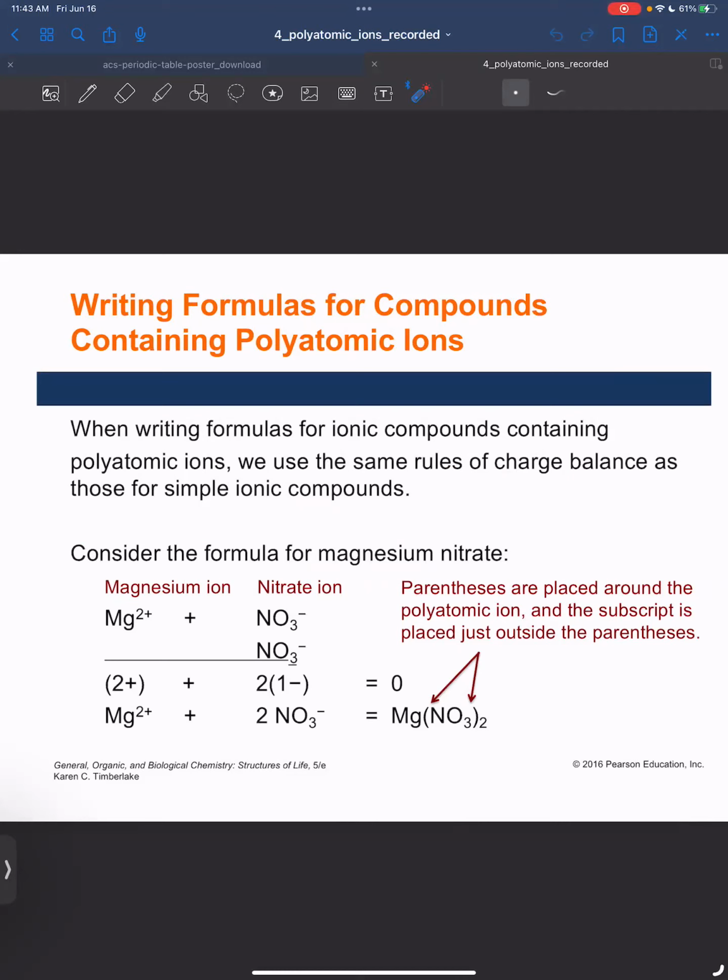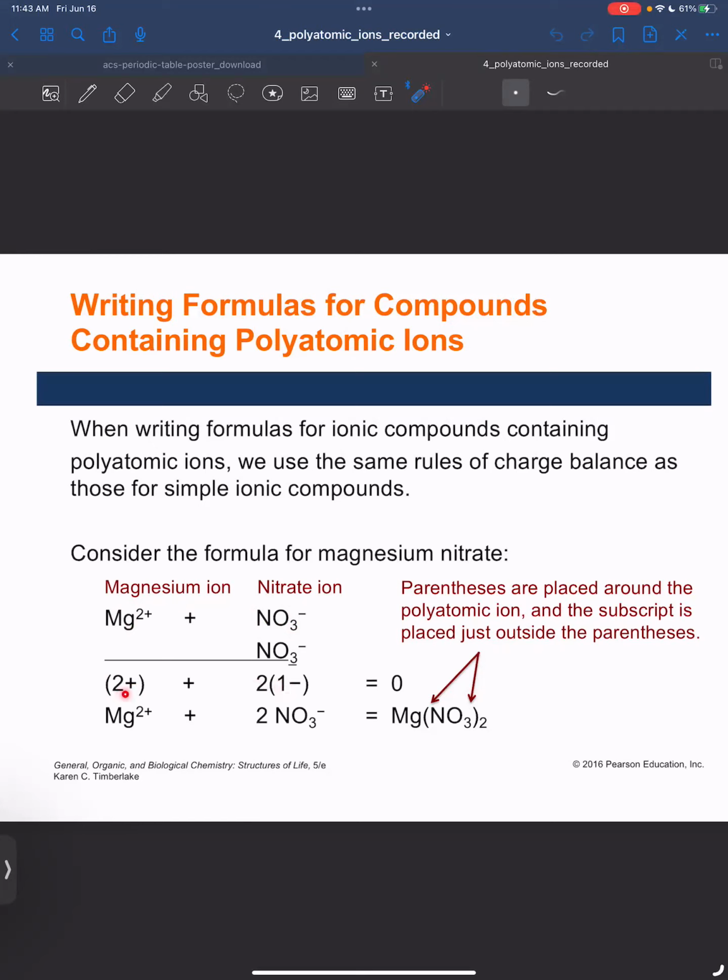But for example here, magnesium nitrate, you have magnesium, which is Mg2+, and you have nitrate, which is NO3-, so you write the whole formula with its charge. And it looks like we have 1 magnesium with a +2 charge, and then we need 2 nitrates with a -1 charge to balance it out to 0.